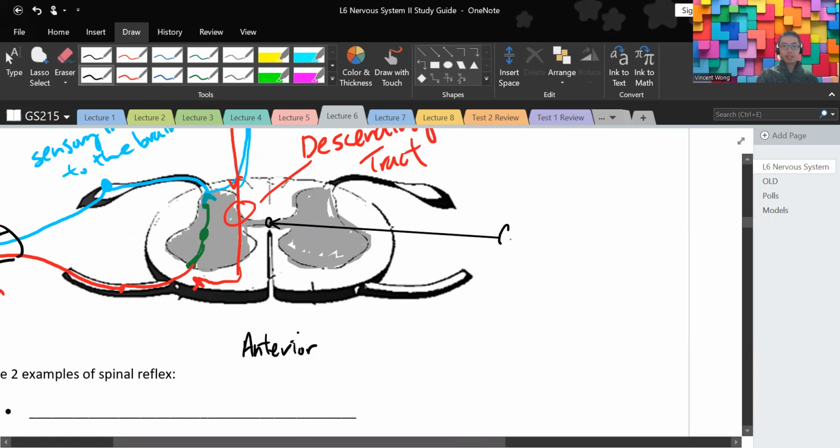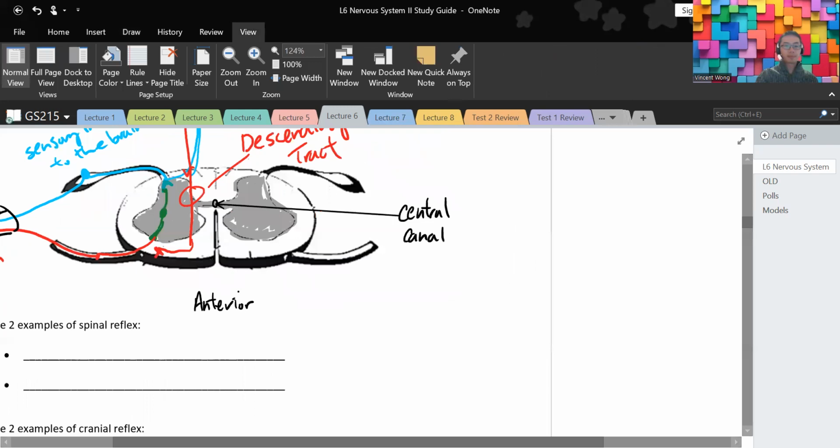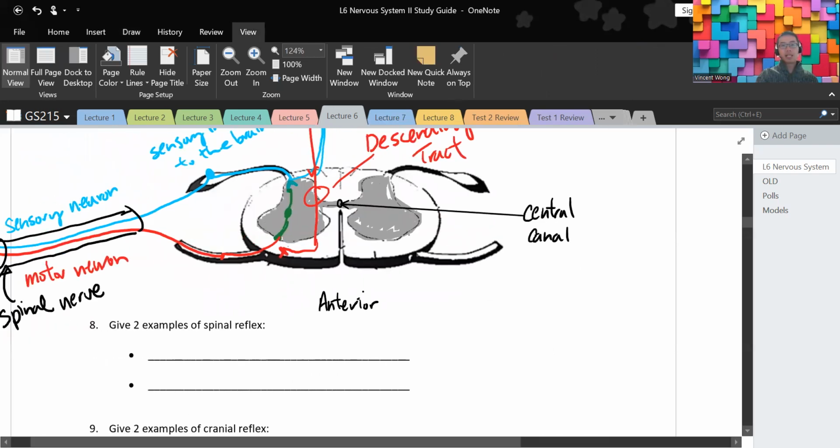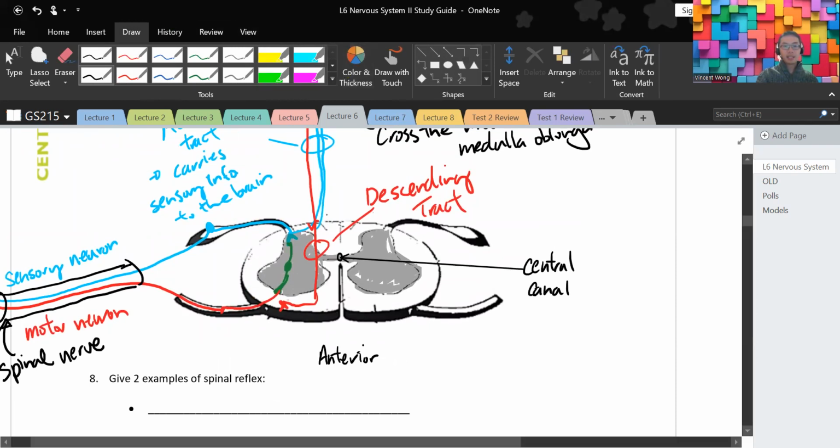Central hole. Yeah, the central hole or canal, central canal, right? It goes all the way down to the end of your spinal cord, right? It's going to be filled with the CSF, the cerebrospinal fluid.